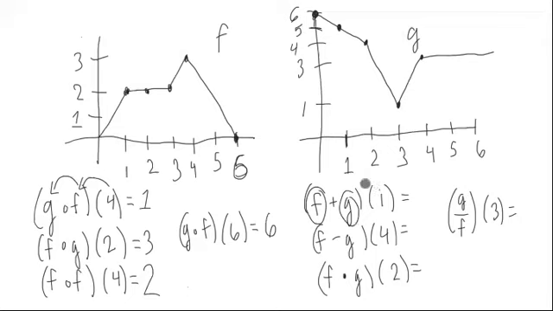So really, the 1 is actually going into both f and g. The only time it only goes to one of them is when you have a circle here for composition. When you have anything else like plus, subtract, times, or divide, then this input actually goes to each of these. So in this case, we just plug 1 into each of them.